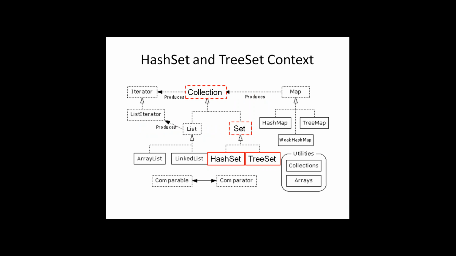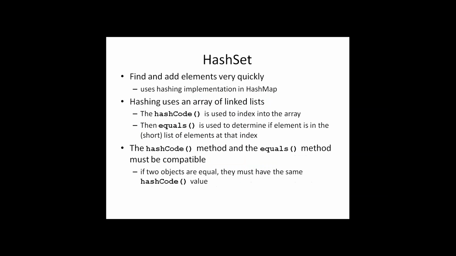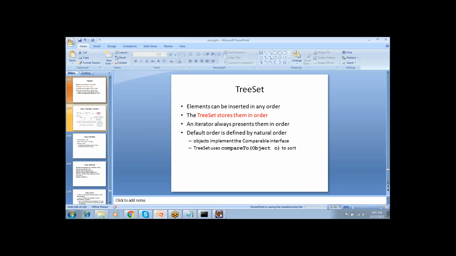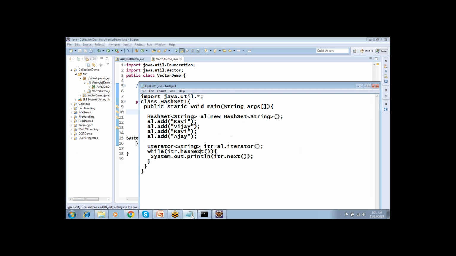So HashSet is the first program which we have already seen, and TreeSet. In the HashSet program, we can't preserve the order of insertion. Suppose we require a collection class in which we don't want to allow duplicates. Obviously, Set is used.